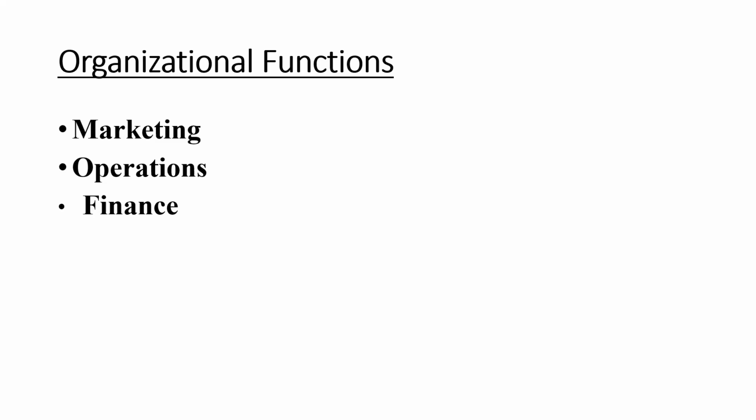So operations management is responsible for managing that core. Hence we can say operations management is the management system or process that creates goods and provides services. Then all these three functions, marketing, operations, and finance, should be interrelated.